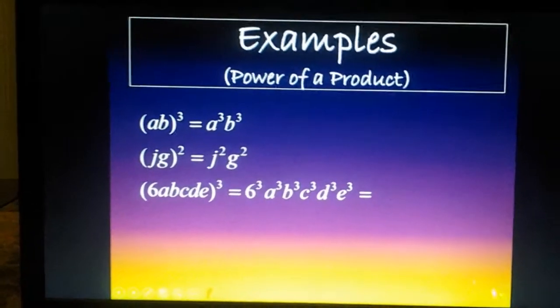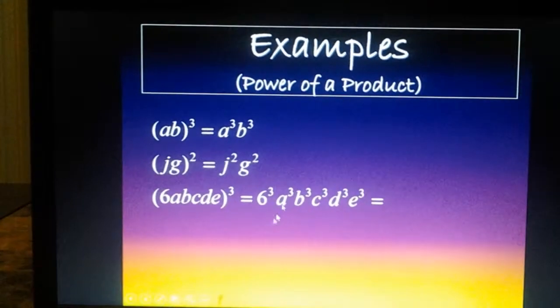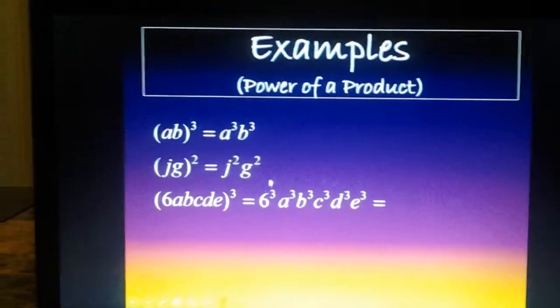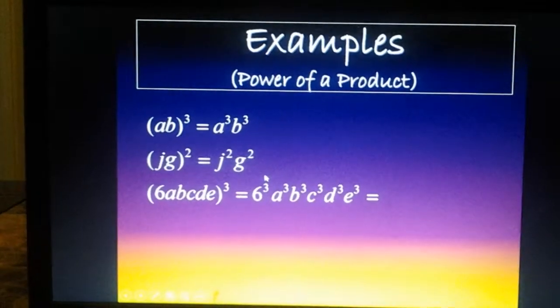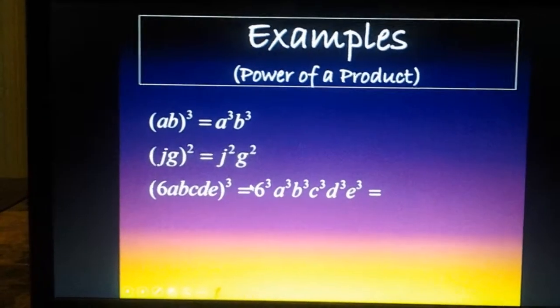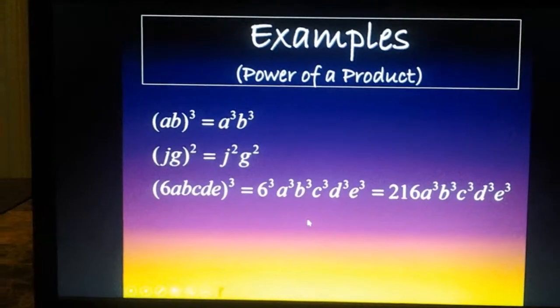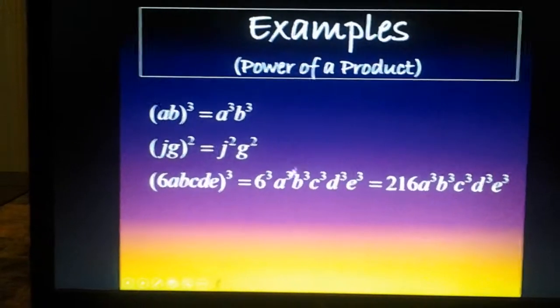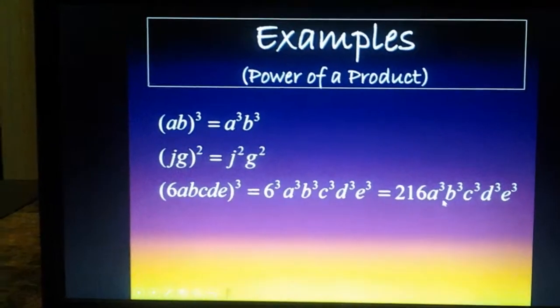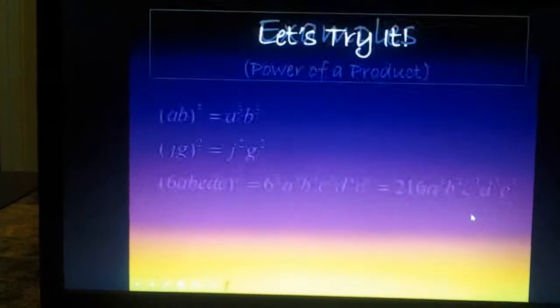Now, if you notice on this example, 6 is raised to the cubed power. Yes, 6 cubed. You can say 6 to the third, or in mathematical terms, 6 cubed. So 6 cubed is 216. And you leave all these A, B, C, and D. They're all raised to the cubed power as well, individually.